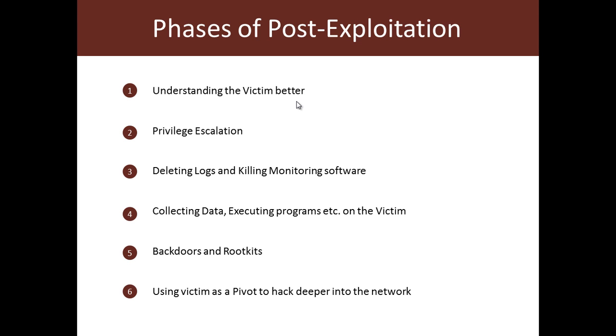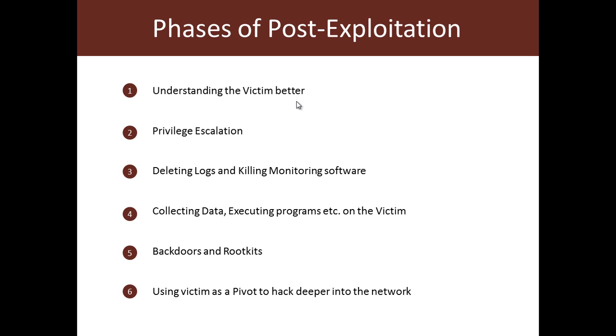Fourth is actually collecting data, executing programs on the victim. Fifth is leaving behind backdoors and rootkits to ensure that you have unrestricted access to the victim. Finally, 6 is using the victim as a pivot to hack deeper into the network, right? So give or take, very broadly, if I were to classify post-exploitation, these would be the different phases.